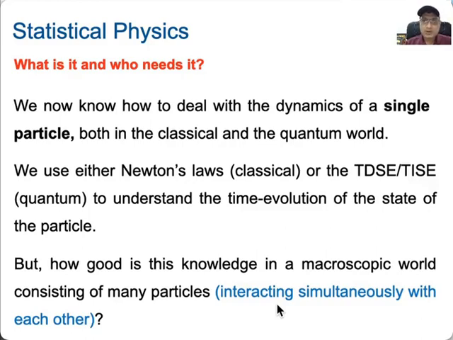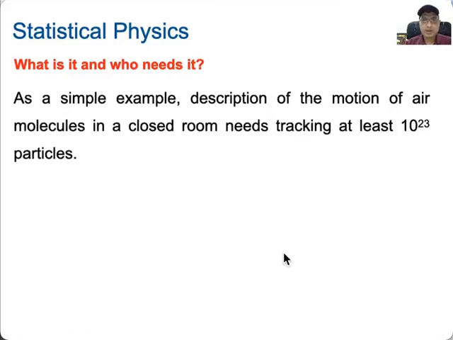If you think that the knowledge you have gained so far, by solving Newton's equation of motion or the Schrodinger equation, can describe the macroscopic world, it is going to be very difficult.